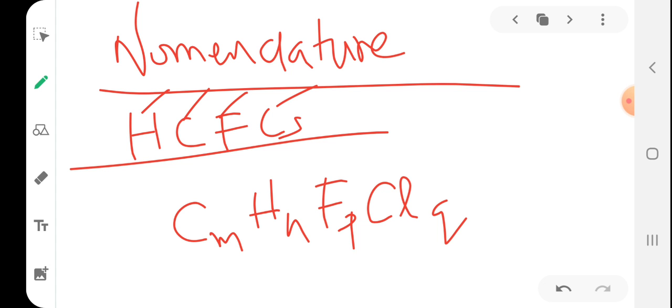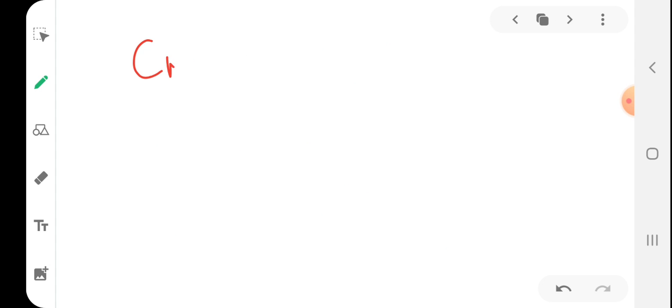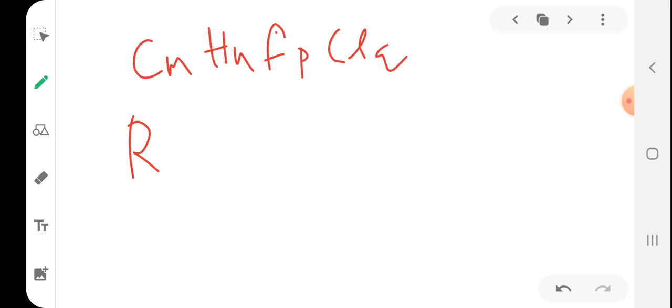So the refrigerant is designated like CmHnFpClq, right? It should always be designated with R in the front, so it should start with R and a hyphen. And the first number should be m minus 1. So if there are m carbon atoms, the first number should be m minus 1.